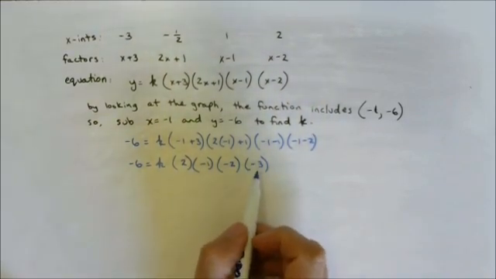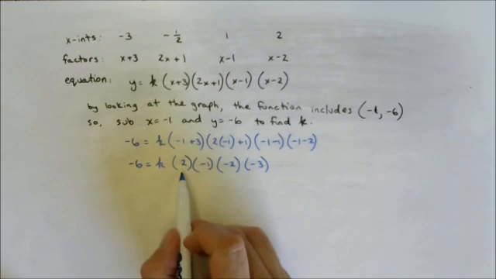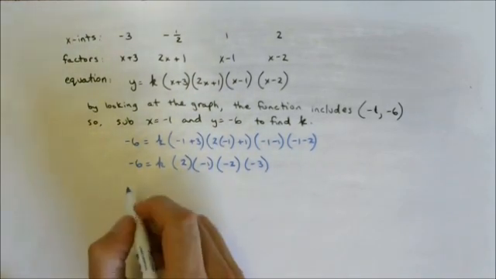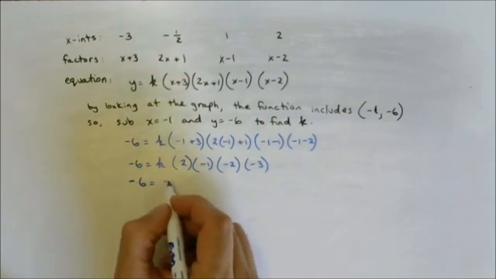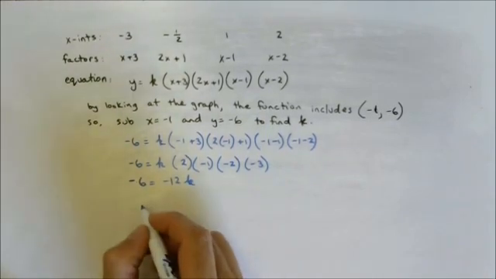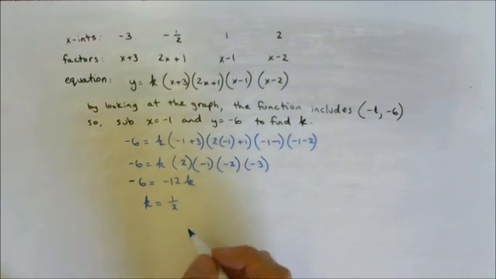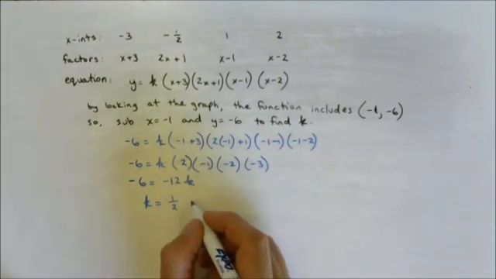Multiply those together, 3 times 2 times 2. That's 12. We have 3 negative factors, so we end up with a negative, so that's -6 equals -12k. Divide both sides by -12. K equals 1/2, or 0.5.